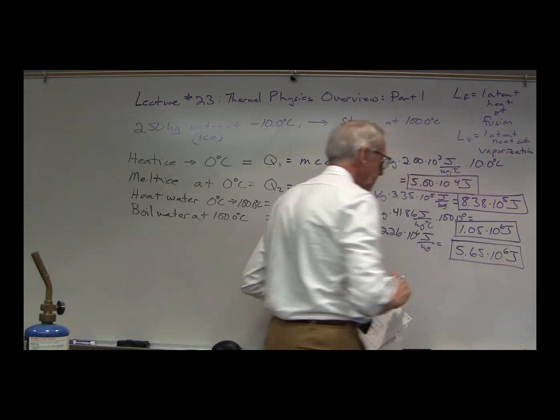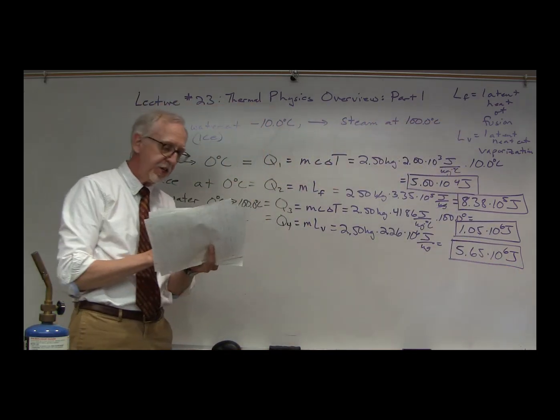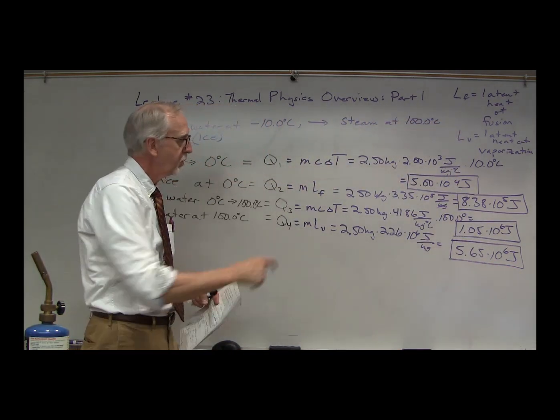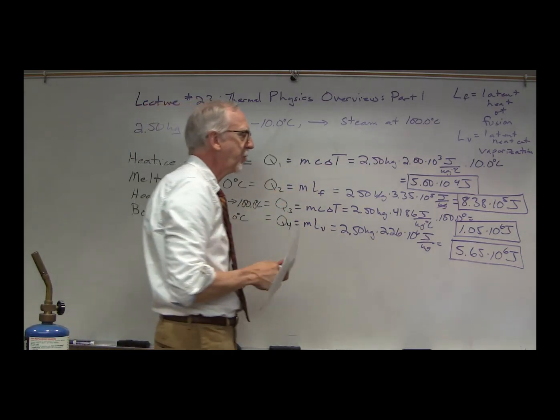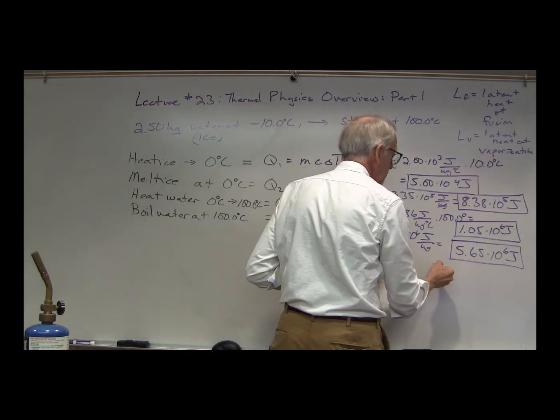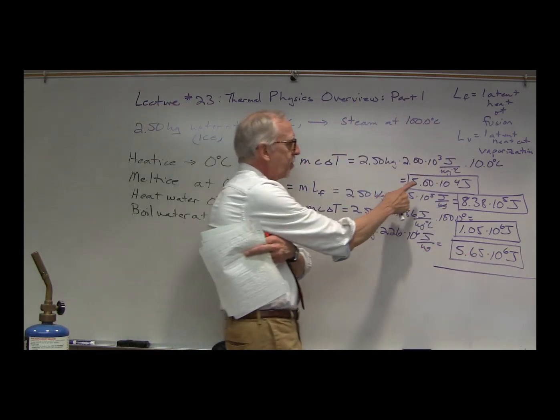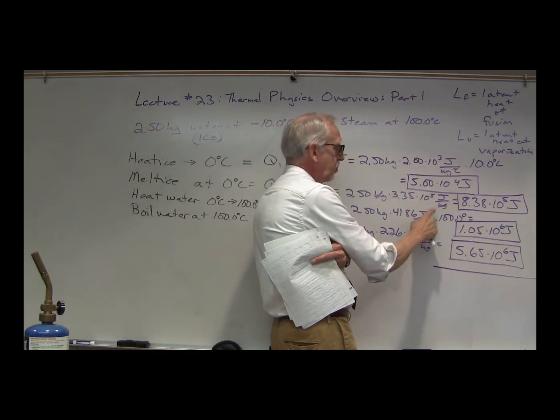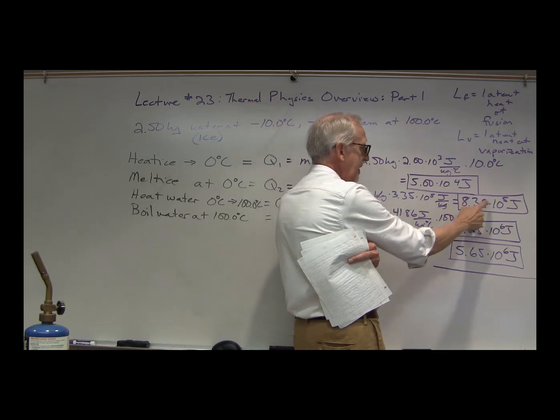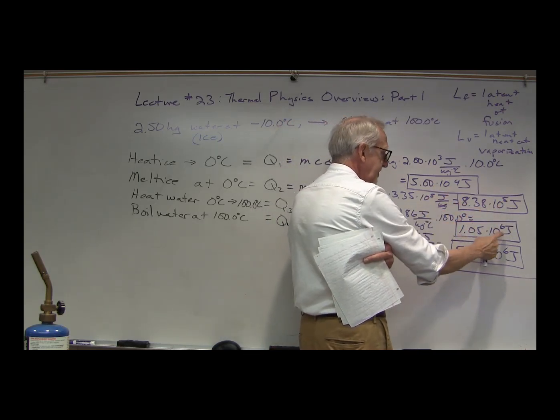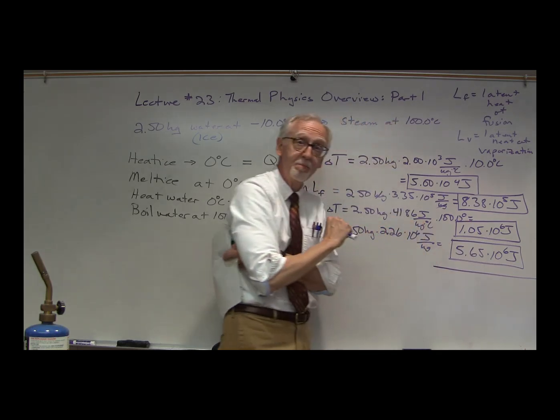There we go. How much energy do we have to add all together? Well, we add these up, but before we do that, I just want us to notice one thing that's interesting, and that is that these numbers are just getting bigger and bigger. We've got 5 times 10 to the 4th, 8 times 10 to the 5th, 1 times 10 to the 6th, 5 times 10 to the 6th.